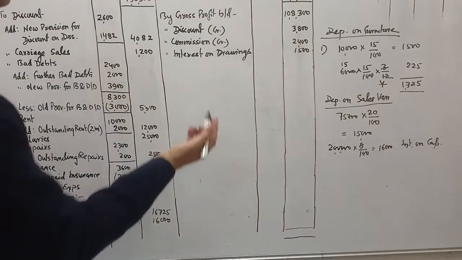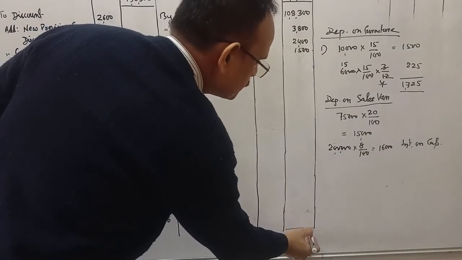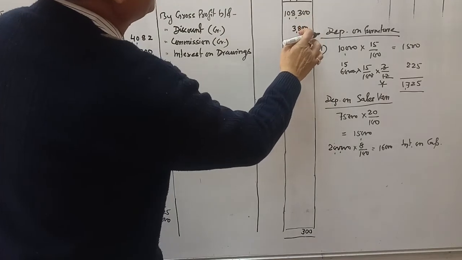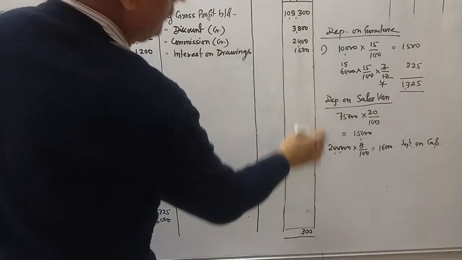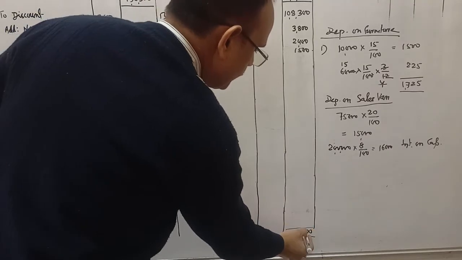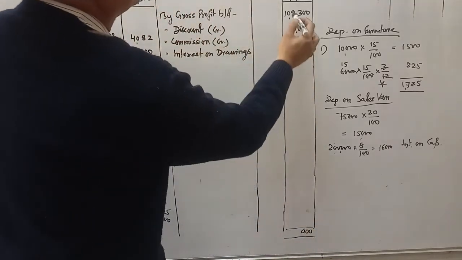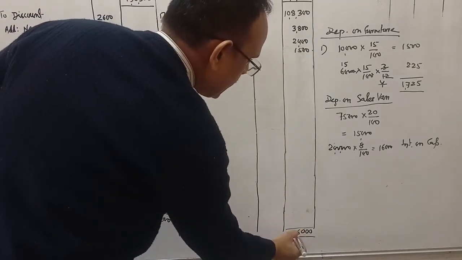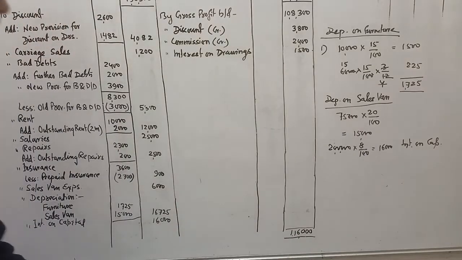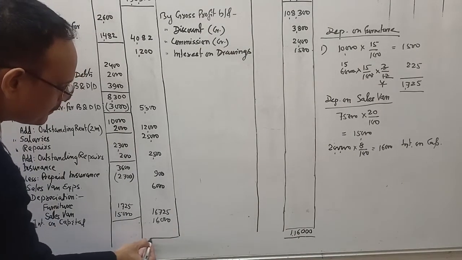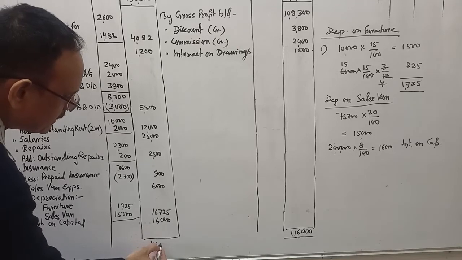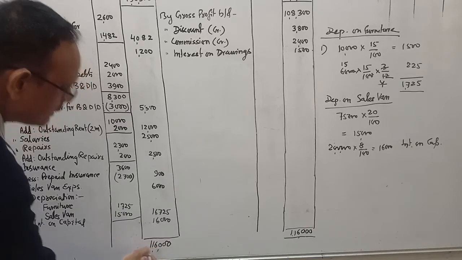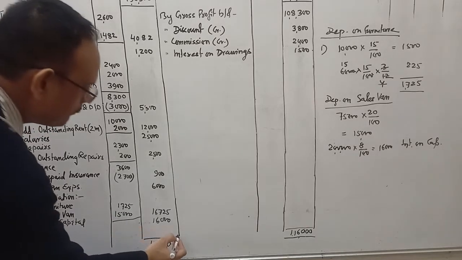Credit side is more, so we will do the total of the credit side first. 3 and 8, 11, 11 and 4, 15, 15 and 5, 20, 2 carry, 10, 15, 16, 1 carry, 1,16,000 is the total.